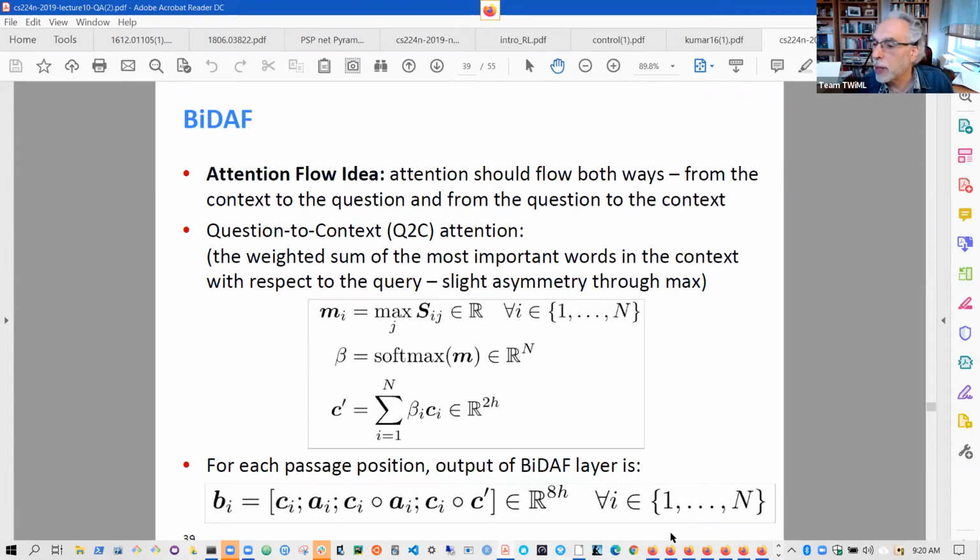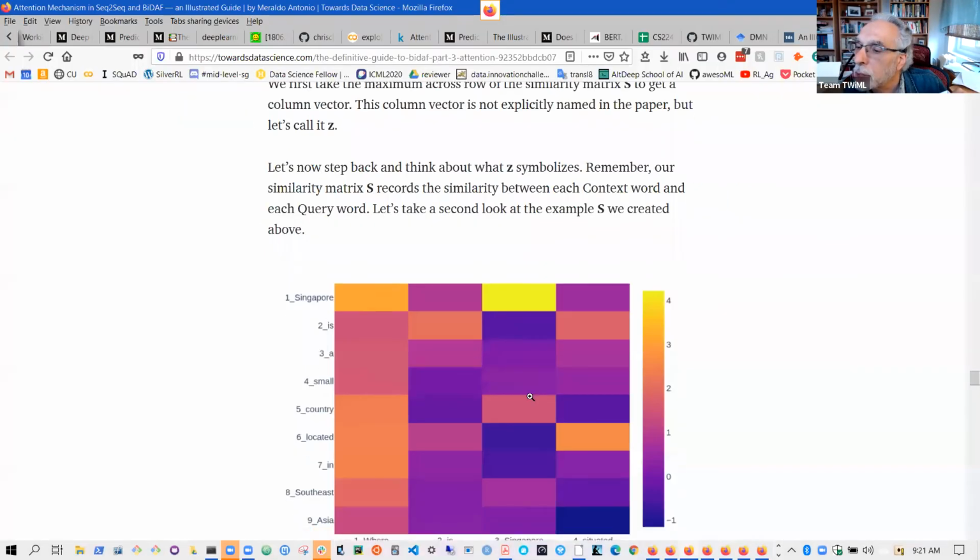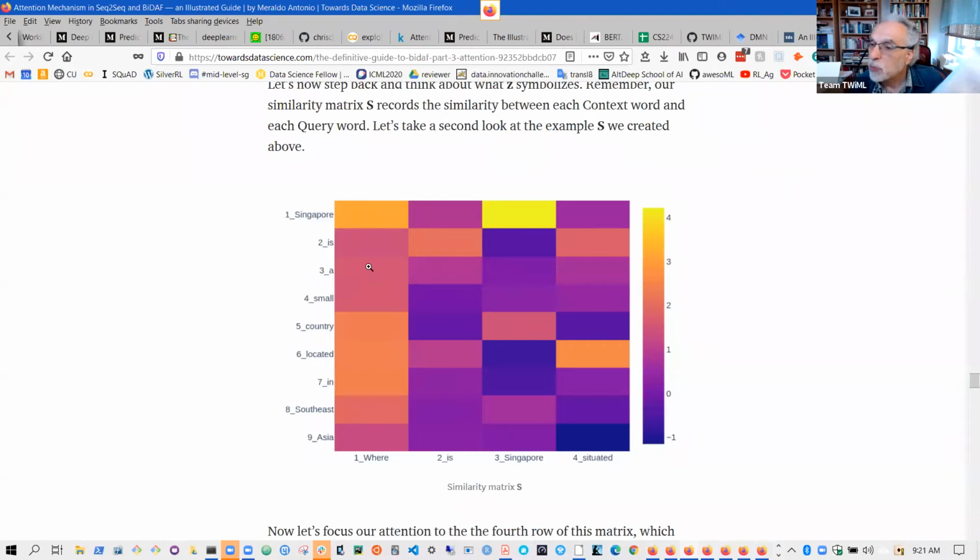Going back, think of this M_i as a vector that we get from the similarity matrix. Let me go back to that. So here's the similarity matrix, and here's a context word, let's say small. We're going to look at the fourth word in the passage, small, and then look at the similarity matrix, S41, S42, S43, S44, and we want the maximum. So that's going to be this one, right?